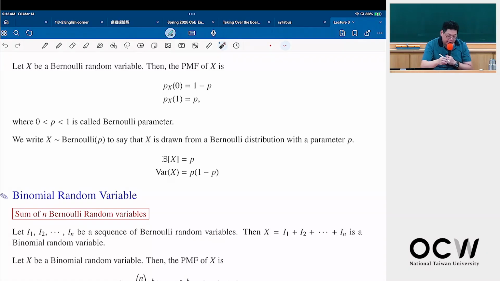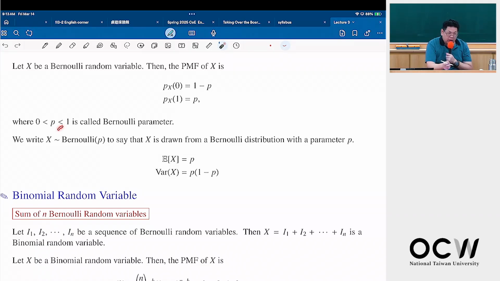I flip the coin the first time, and then again, n times. Then X is the sum of these Bernoulli random variables, and this X becomes binomial.